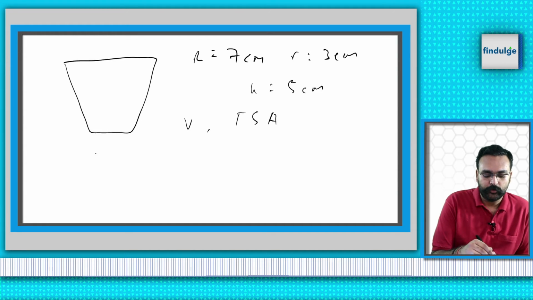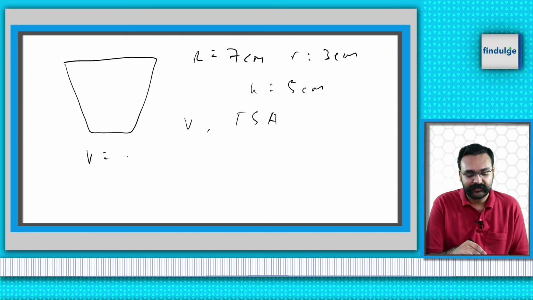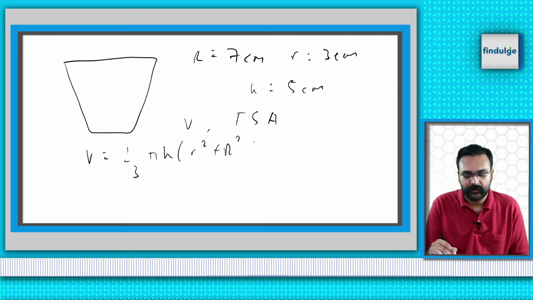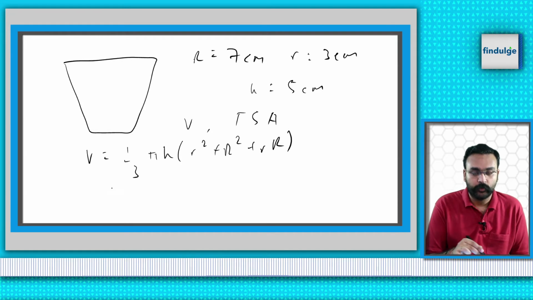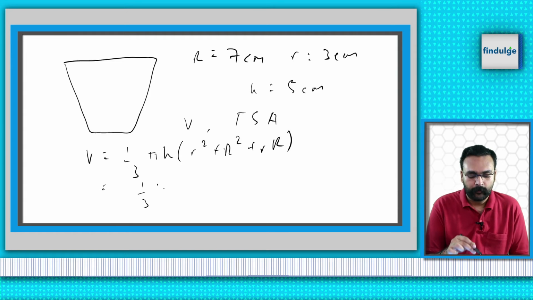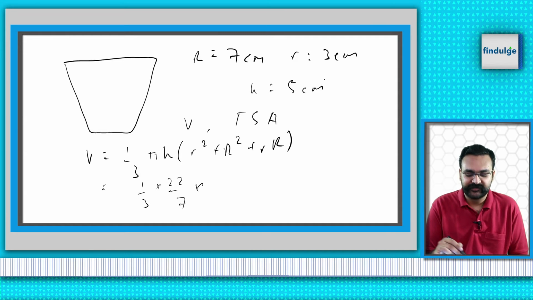We know that the volume is 1 by 3 pi h (R square plus r square plus R into r). This is equal to 1 by 3 into pi, which here I will take as 22 by 7, into h, which is 5 centimeters.